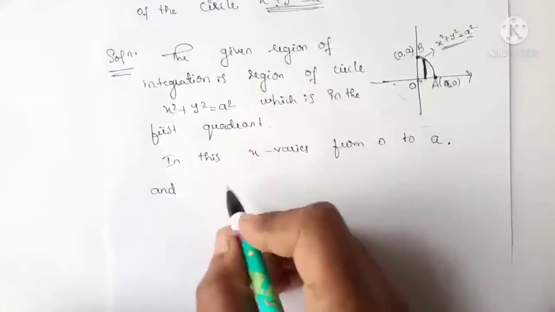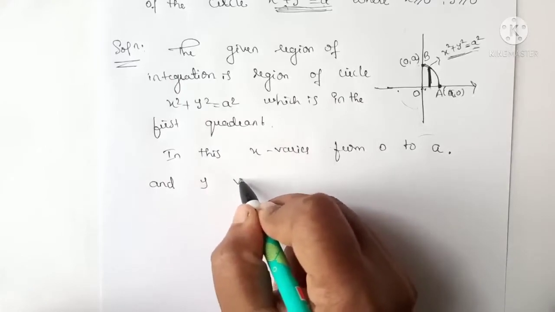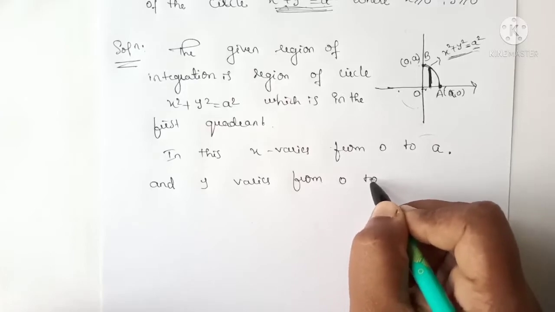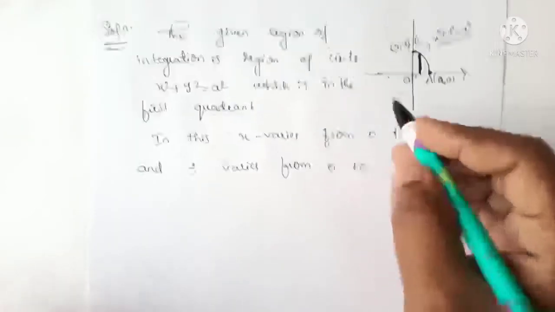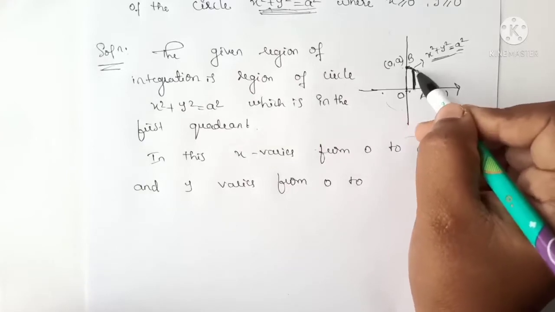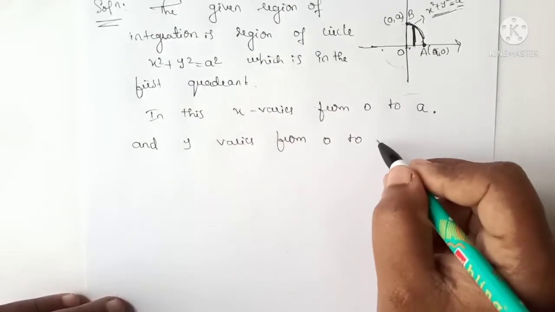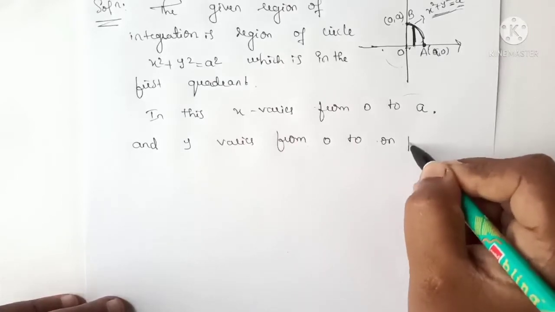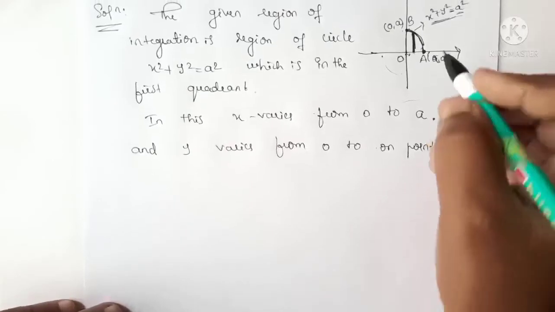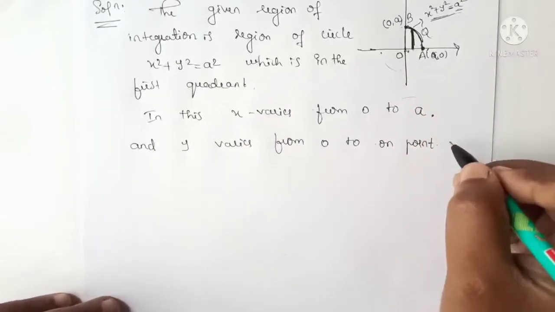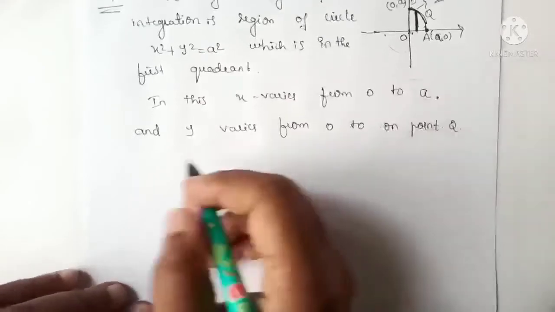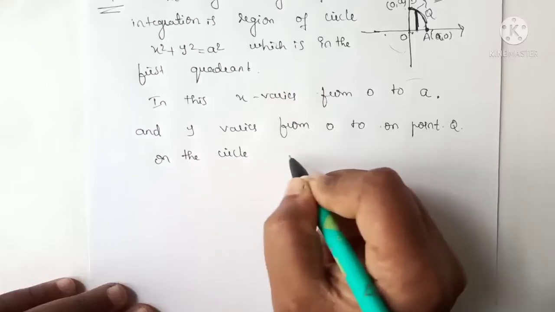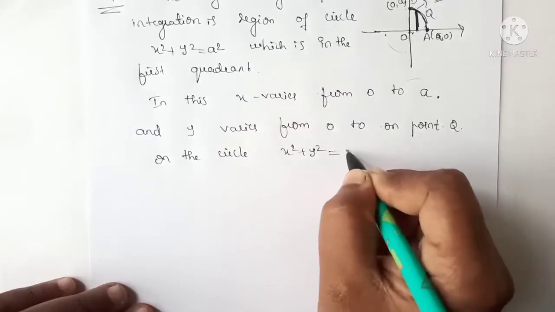So y varies from 0 to this circle, that is, 0 to the given point on the circle. We take this point as Q, on point Q or on the circle x square plus y square equal to a square.